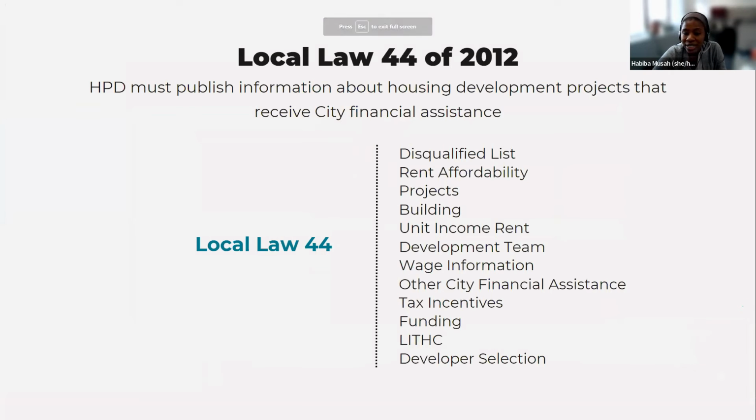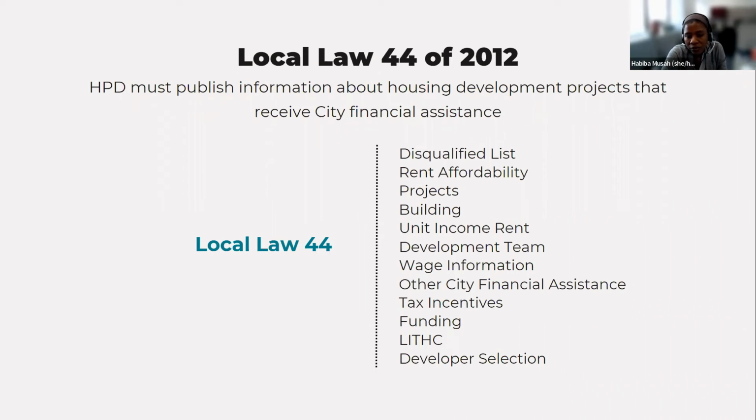If you want additional details on HPD's housing production data, we also have another data set called our Local Law 44 data set, which was required by a 2012 local law that says that HPD must make information about housing development projects that receive city financial assistance available via open data.